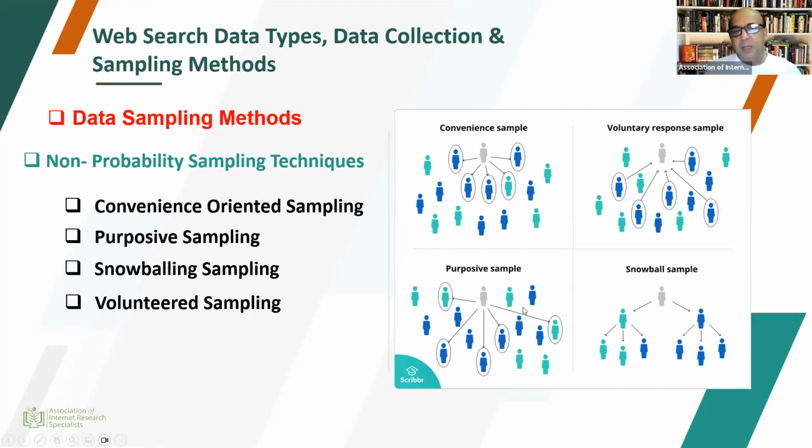Purposive sampling is when your purpose of sampling is served by just finding anybody, who does not have to have particular characteristics, or it is generic in nature. So that is purposive sampling.